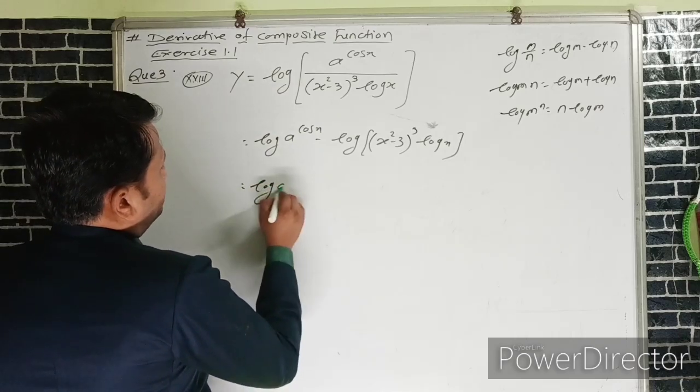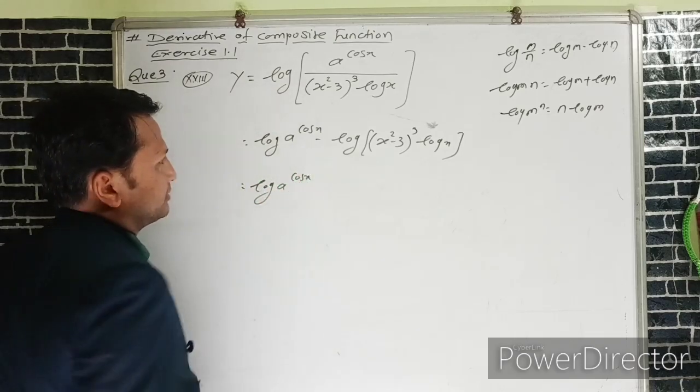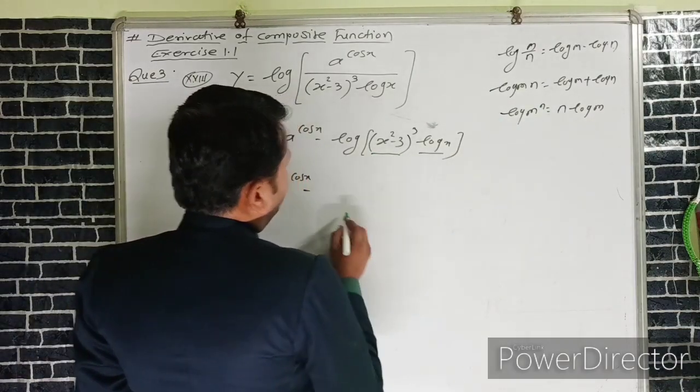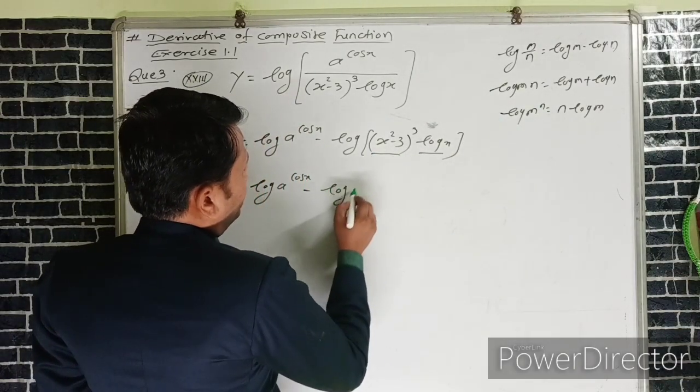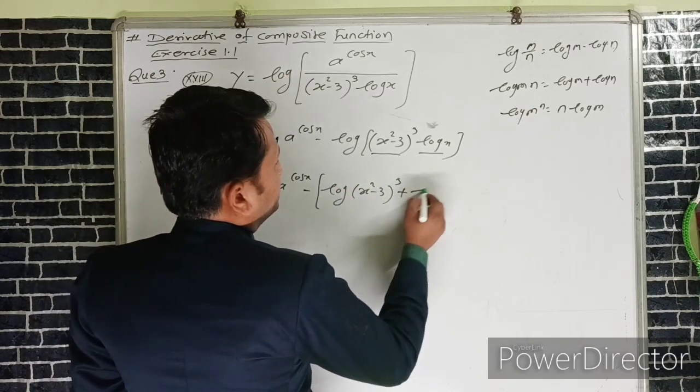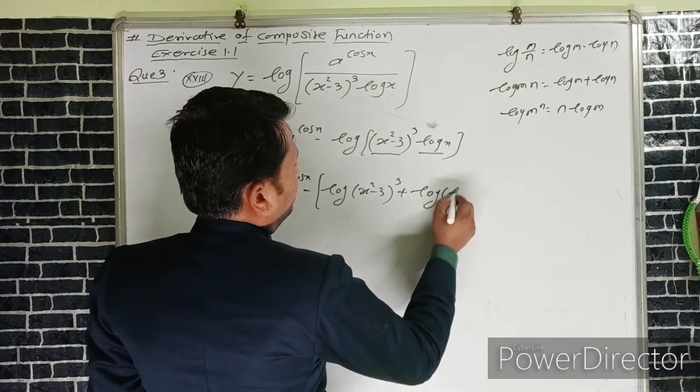Log of a raised to the power cos x as it is minus, here again we apply log of m into n, which is log of (x square minus 3) bracket cube plus log of log x.